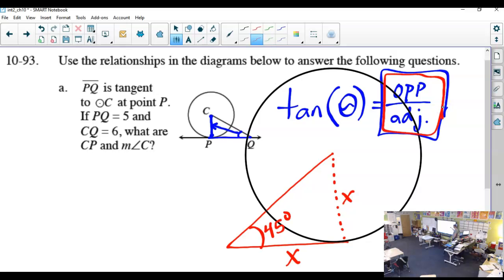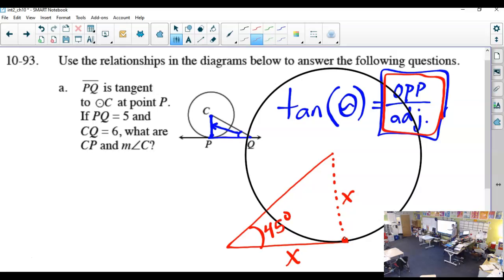So guys, tangent actually relates the radius of the circle to the length of the tangent line from wherever it would hit to the tangent point.